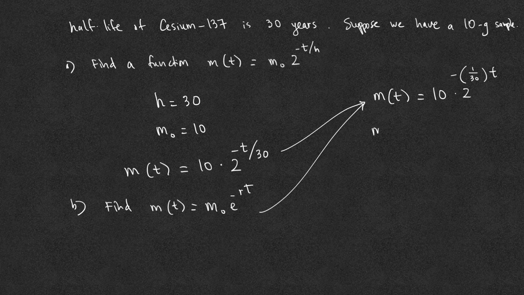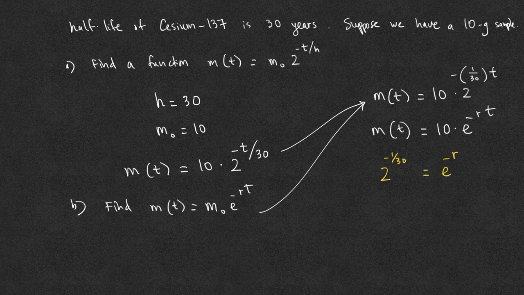The equation that we're looking for is m of t. The m sub 0 is still the initial value, so it has to be 10. E to the negative r, r is the parameter we don't know. T is t. By comparing the two functions, it must be the case that 2 to the negative 1 over 30 has to be e to the negative r.